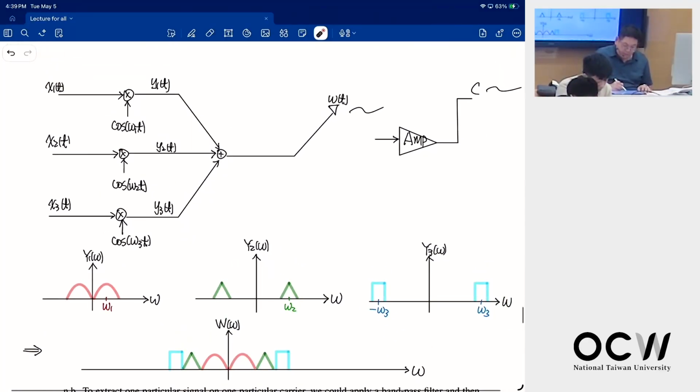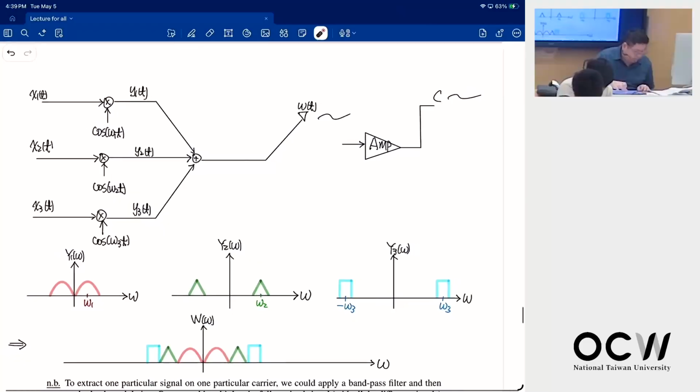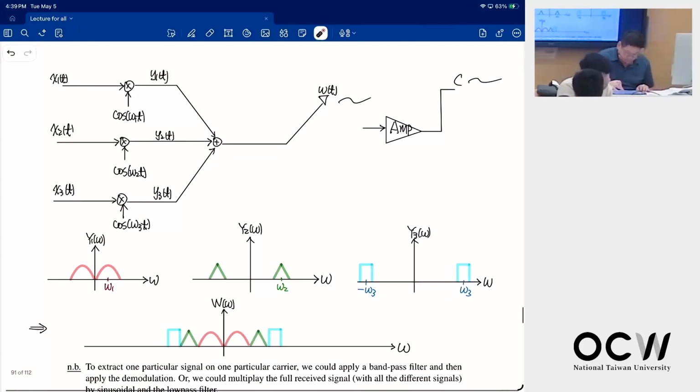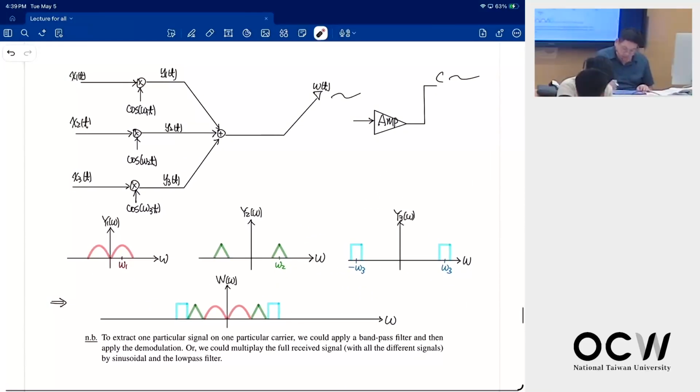we separate those signals. And then we can use the filter. We use the low pass filter, I can retrieve x1. We can have a band pass filter, I can get x2 or even x3. So here is a note.